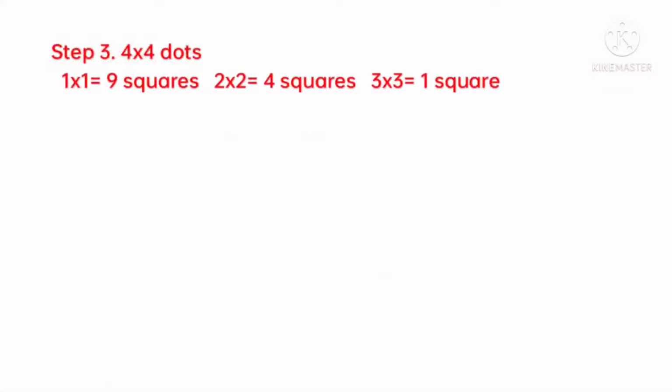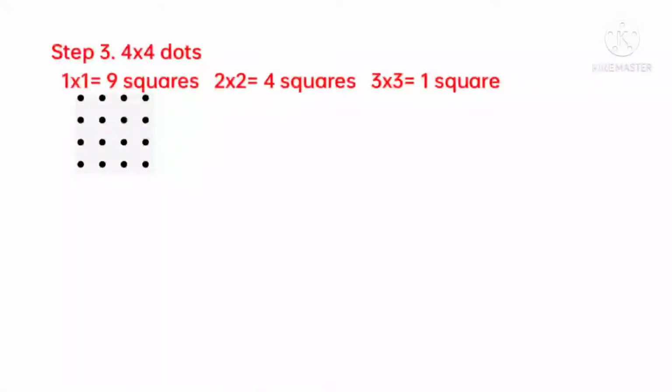So next is step 3, 4 by 4 dots. Yung possible size of squares na ma-draw natin dito is 1 by 1, which is 9 squares, 2 by 2, which is 4 squares, and 3 by 3 is 1 square. So ito yung representation niya.